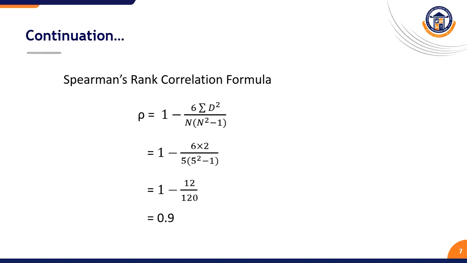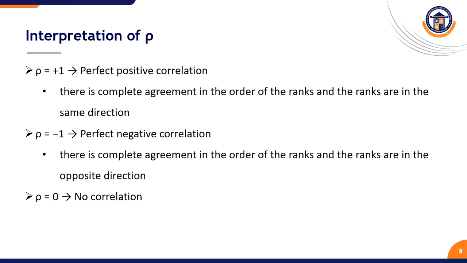Hereafter, we interpret that positive value in the following manner. We know the interpretation of rho. When rho equals exactly 1, you get perfect positive correlation. That means there is complete agreement in the order of the ranks and the ranks are in the same direction. Suppose rho equals minus 1, that is a perfect negative correlation.